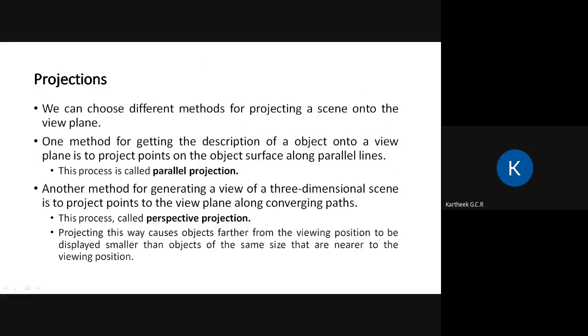What we see is actually the image formed on our eye's projection plane, and all the light is converging at our eye. Similarly, the projectors converge at the viewing position, and the image is formed on the plane in front of the viewer. That is what the viewer gets to see.